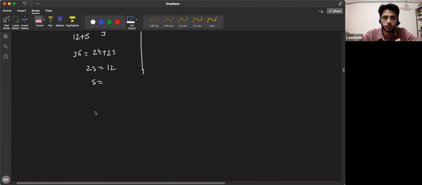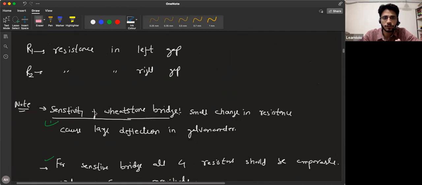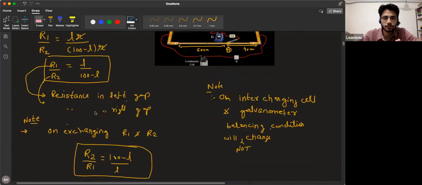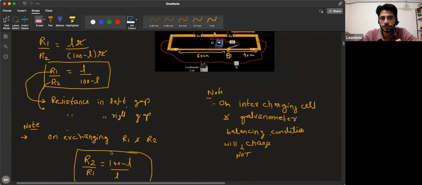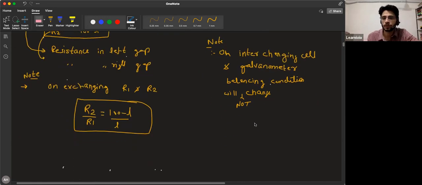See, when we change R1 and R2, instead of L by 100 minus L, we are using 100 minus L by L. Okay, Nabil? Yes, sir. But on interchanging galvanometer and cell, the balancing condition will not change. And how it will not change, you can explain. See, this is a Wheatstone bridge, right? This is the galvanometer.